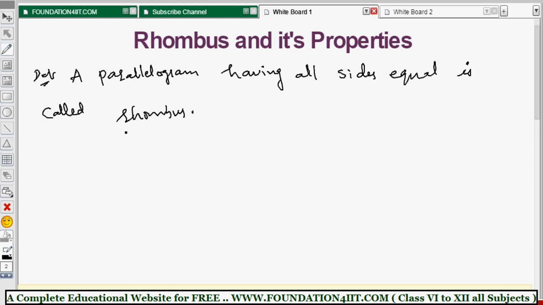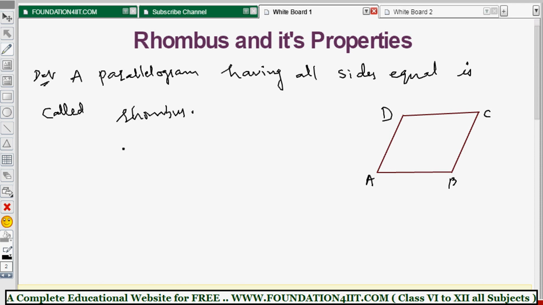That means all the sides, for example, let me draw a rhombus here. All sides should be equal, the same distance. So here vertices A, B, C, D. A rhombus is one of the quadrilaterals.